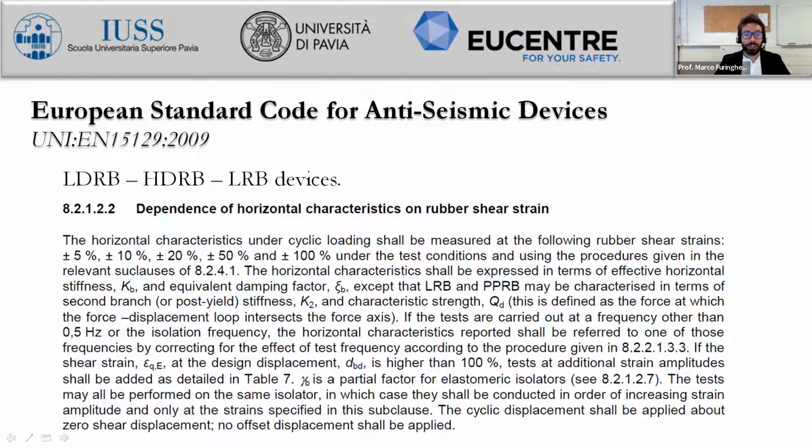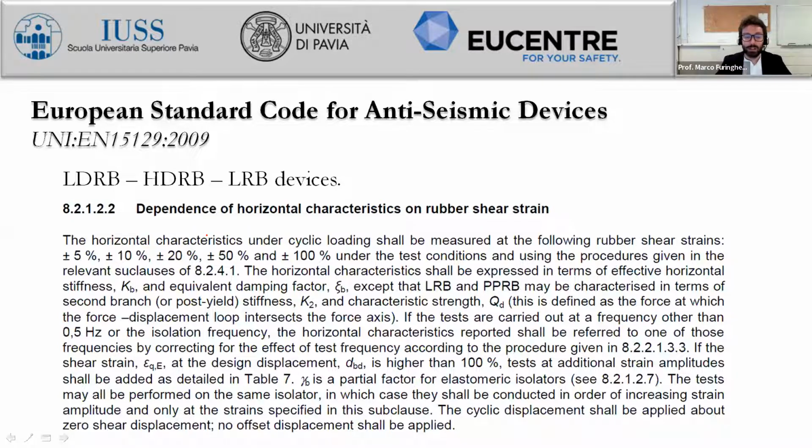So now we start by analyzing all the tests which have to be performed on the devices. I obviously don't want to read all the paragraphs, but I want you to have them in order to clearly understand what is ruled by the standard code. I will just highlight the most important issues, and these are in this paragraph.